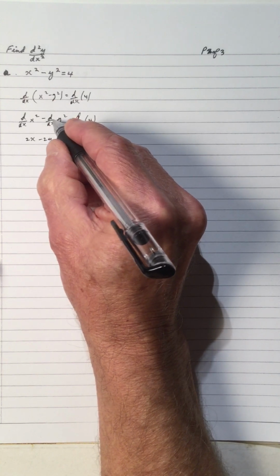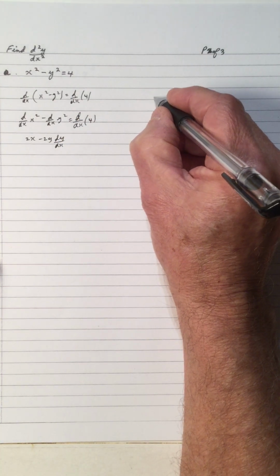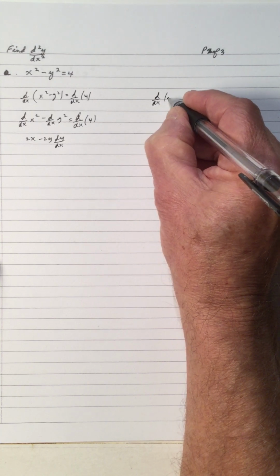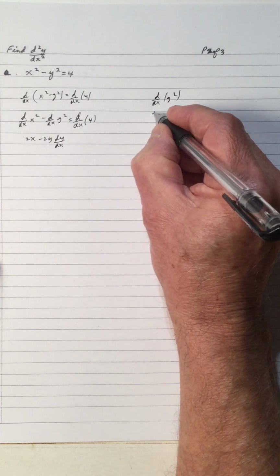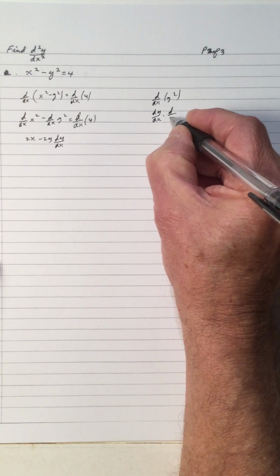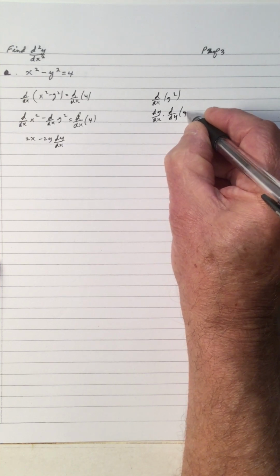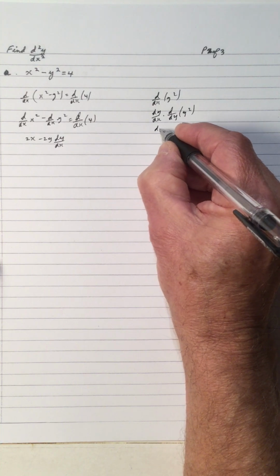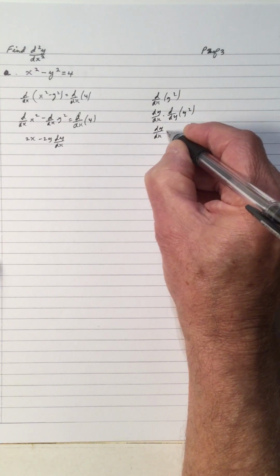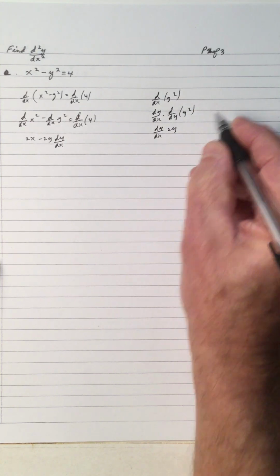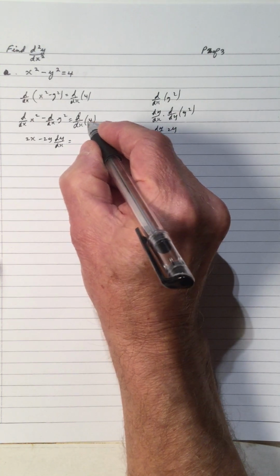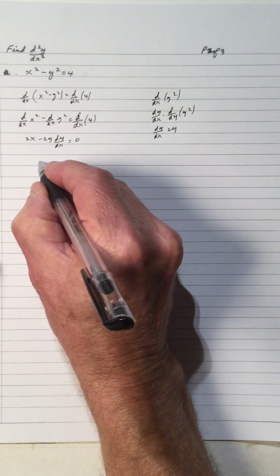Just to make sure you see that, d dx on the y squared is dy dy on the y squared times dy dx, so you can see d dy of y squared is 2y. So that's right here. And now we have d dx, the derivative in terms of x on a constant, is 0.